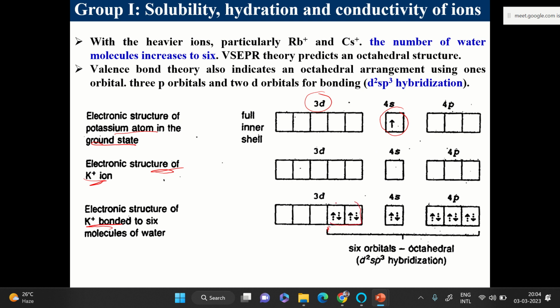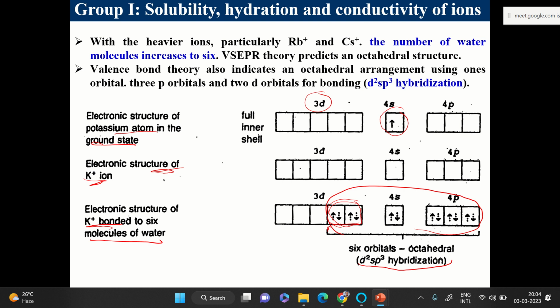D orbitals are also low lying in terms of energy, so hybridization can happen, in this case d2sp3 hybridization, and 6 orbitals are made available for donation of electron pairs by 6 water molecules.